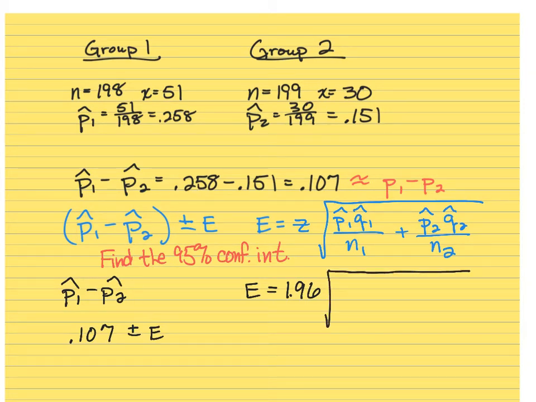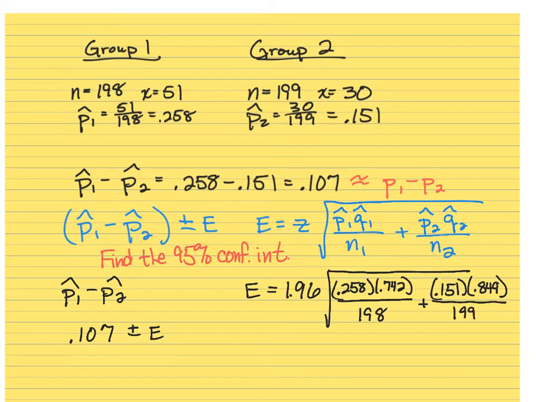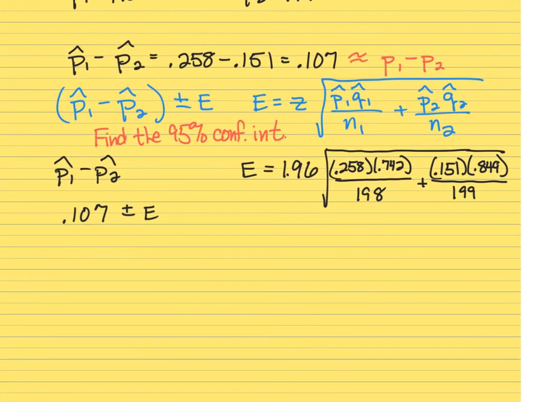So P1 hat is 0.258. Q1 hat is 1 minus that, 0.742, over N sub 1, which is 198. Plus P2 hat is 0.151 times Q2 hat, which is 0.849, all over 199. And that's going to be our error.